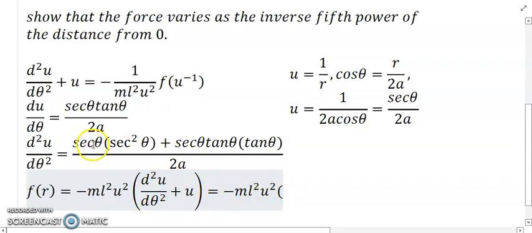Don't forget that we have this expression and this expression, but if you check well, the denominator is the same, 2a, so we can write it like this.